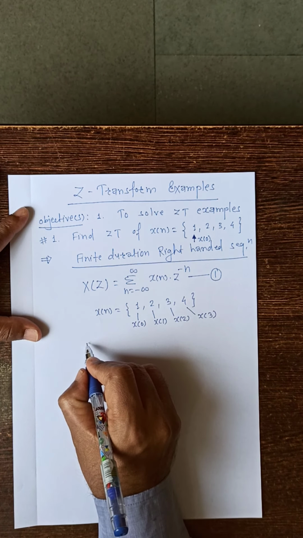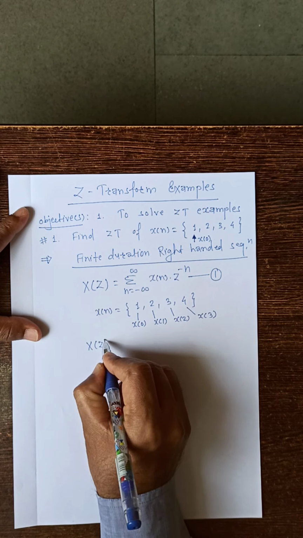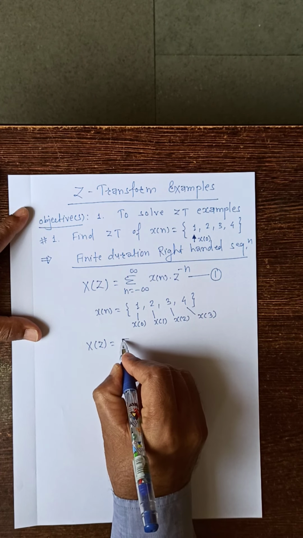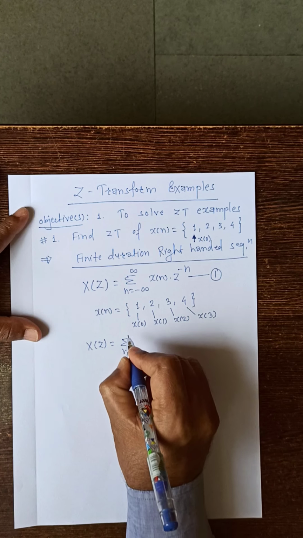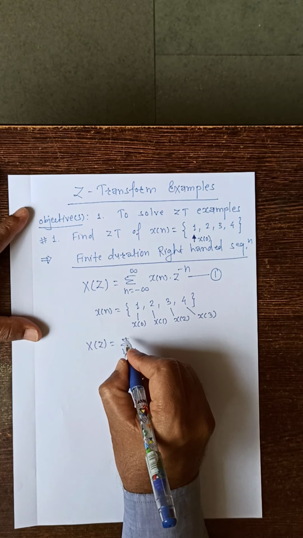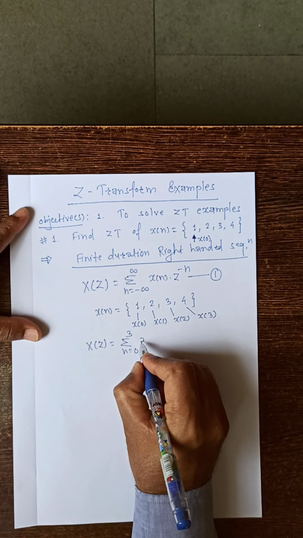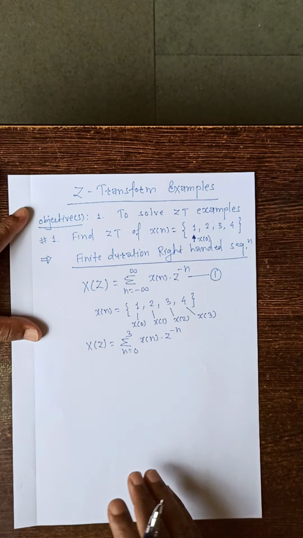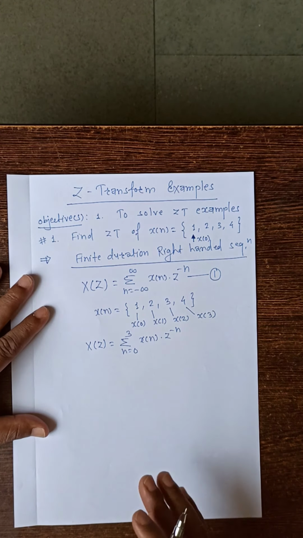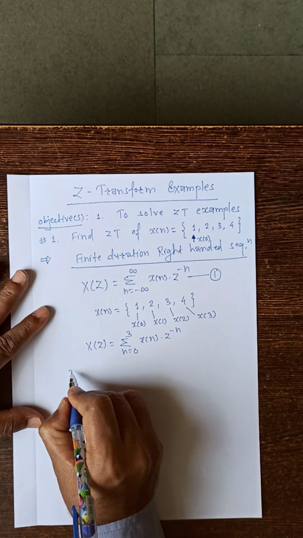So the summation becomes not from minus infinity to plus infinity, but summation n equals 0 to 3. 4 samples are there. x[n] into z raised to minus n. Expand the summation by putting the values.